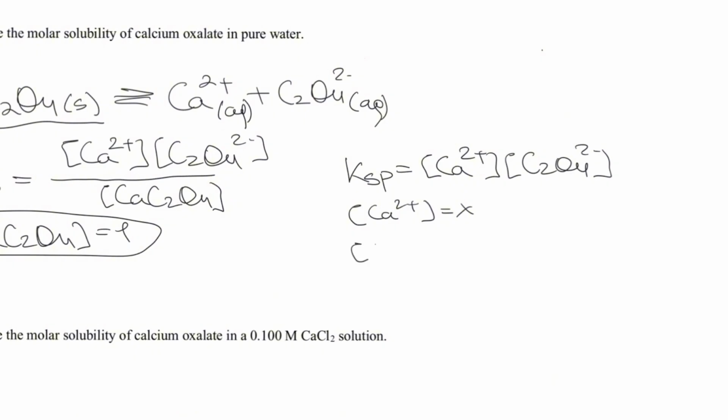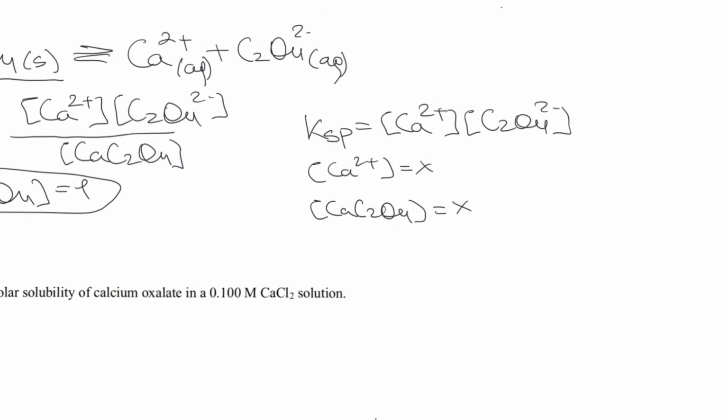I mean the calcium oxalate, my bad. So our X is the molar solubility of calcium oxalate measured in moles per liter, which is equal to molarity. That means we have X moles of calcium oxalate dissolved per liter of water.